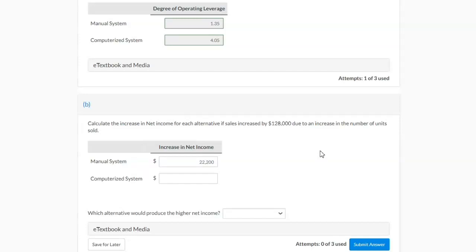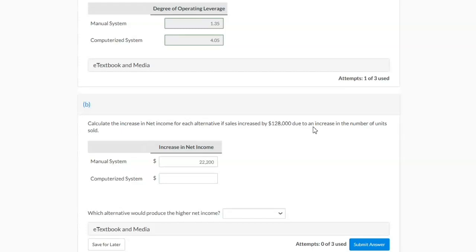All right, for every percentage increase, so sales have increased by 128,000, right? Okay, then over 1,620,000. So if it's going to increase 128,000, that is a 0.079%.